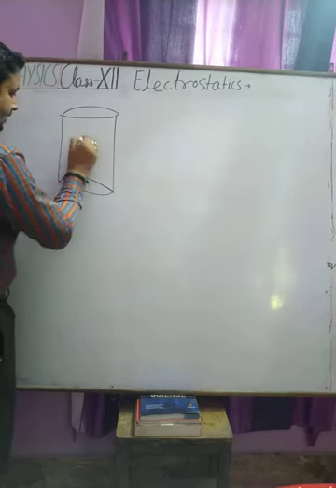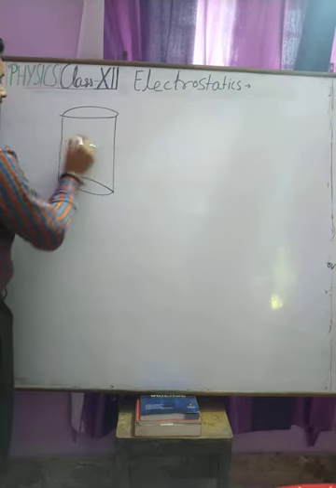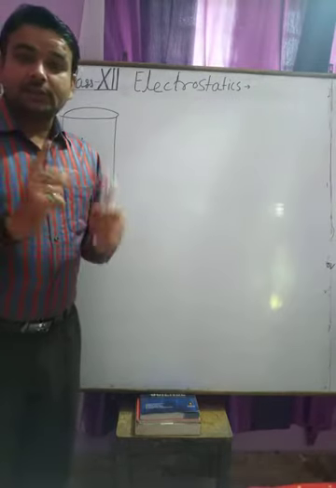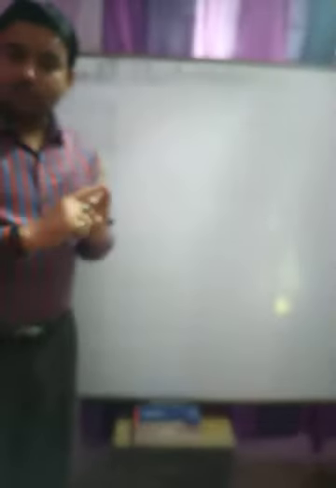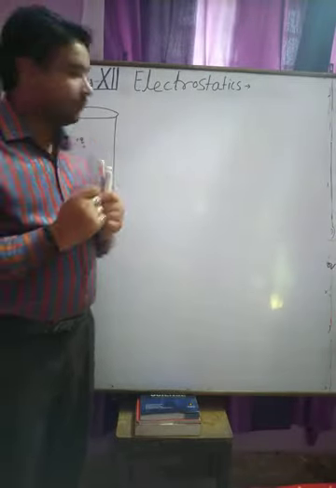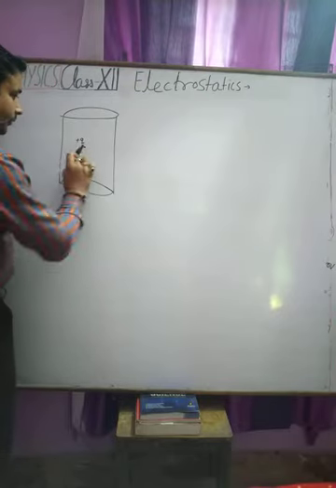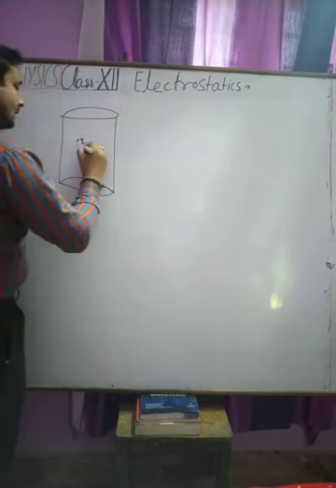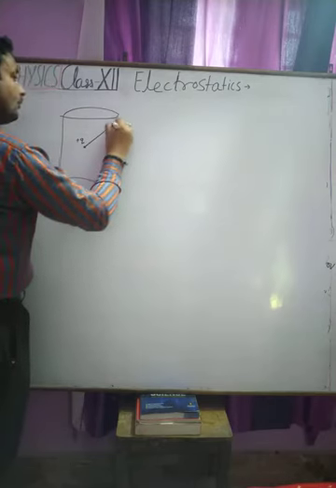Suppose we have a positive charge in this surface. You all know the charge produces electric field lines. So it is very clear the electric field produced by this charge is linked with this surface in the form of electric field lines.